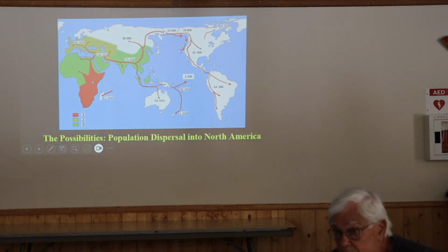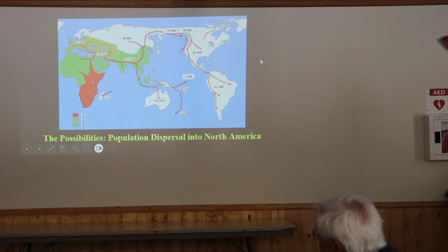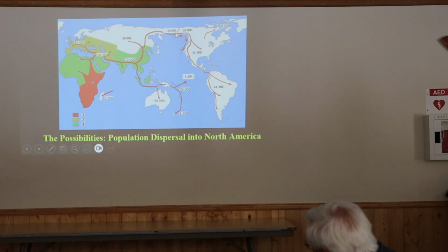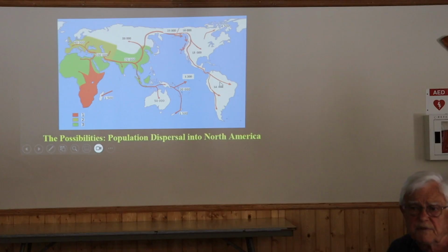Lots of pretty substantial resource base for people to subsist on. And people did occupy extreme eastern Siberia and western Alaska as early as 23,000 years ago. But there's no evidence of human populations penetrating any deeper into the New World, into the Western Hemisphere, than that at that time.